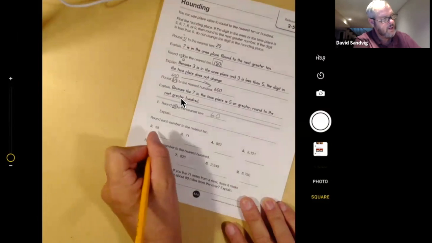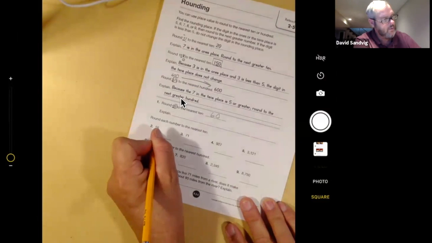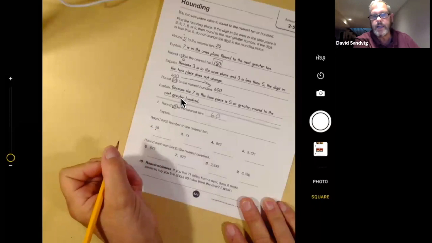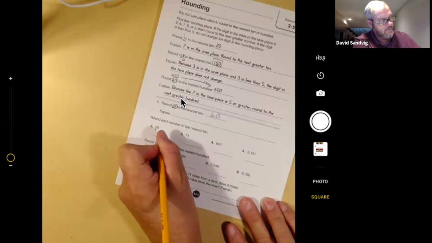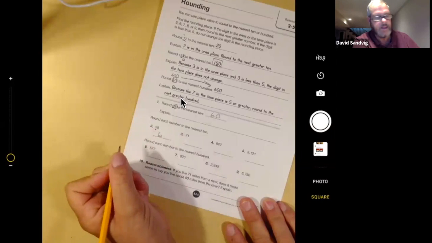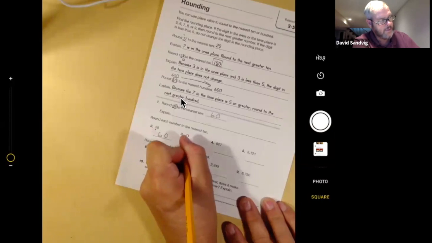Okay, 58 rounded to the nearest 10. 5 is in the tens place. 8 is 5 or more, making the 5 a 6 and the 8 becomes 0. 7 is in the tens place.